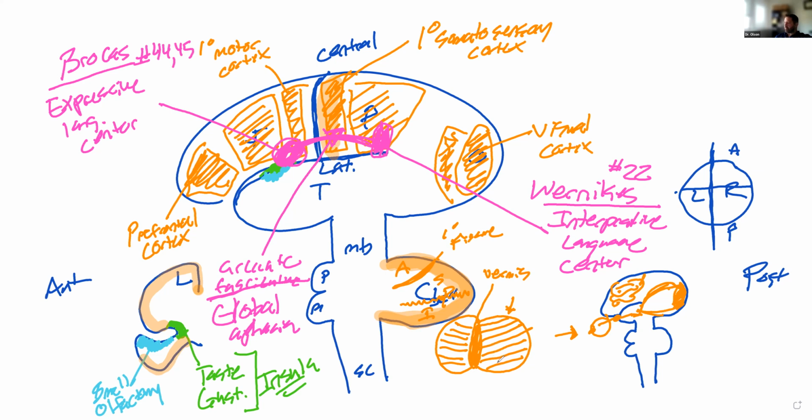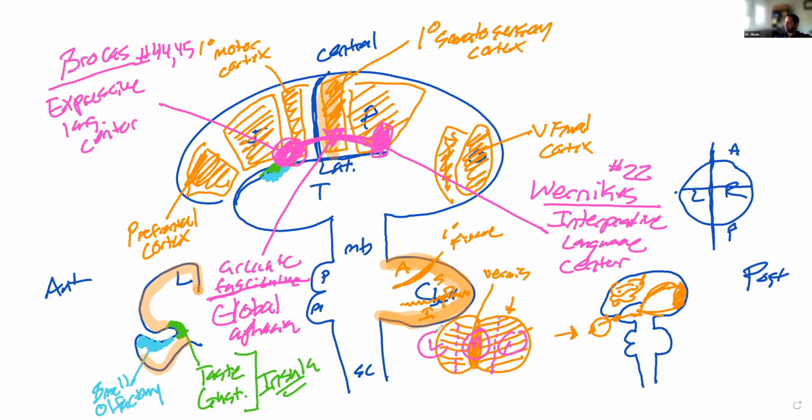And just something interesting to make note of is if you have a lesion in the cerebellum, we can divide this pretty much into two sections: medial versus lateral.